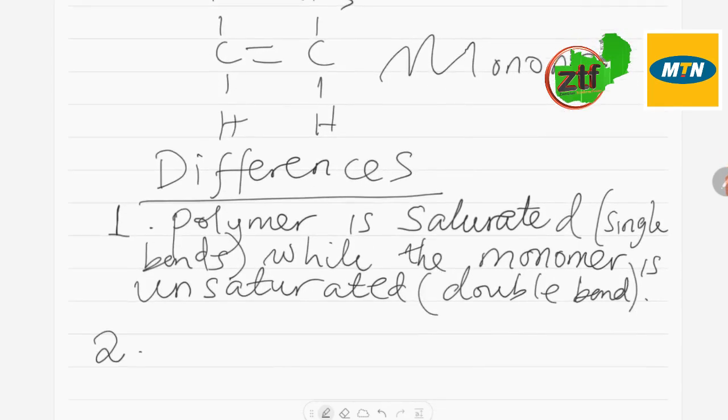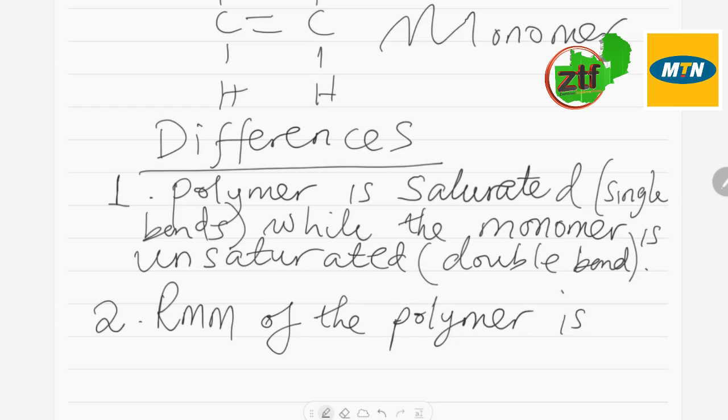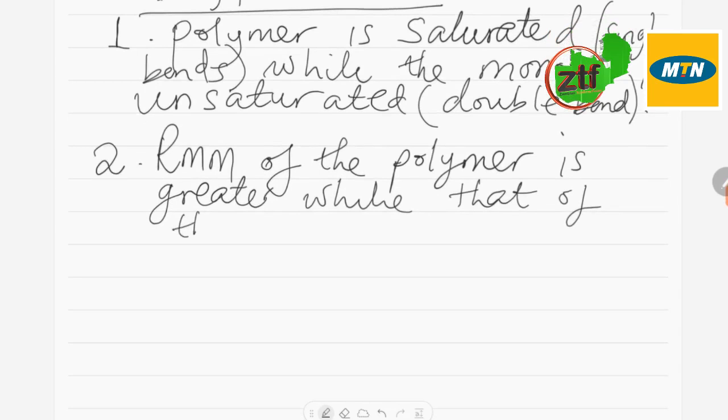So we can add also to say the relative molecular mass of the polymer is greater, while that of the monomer is smaller.